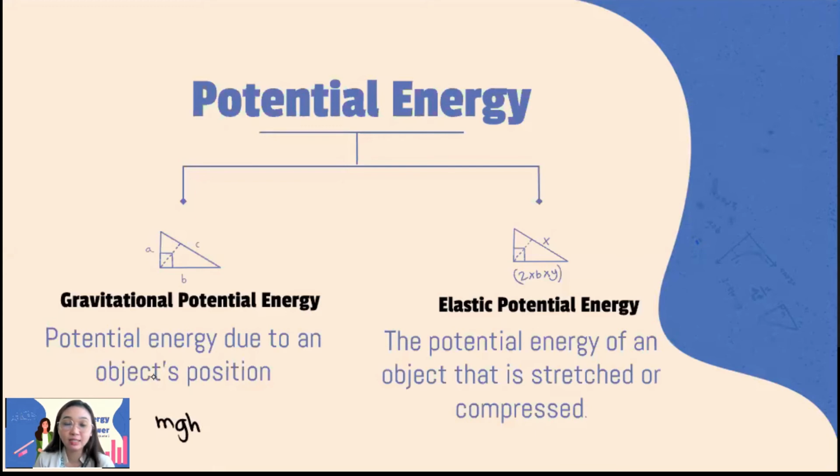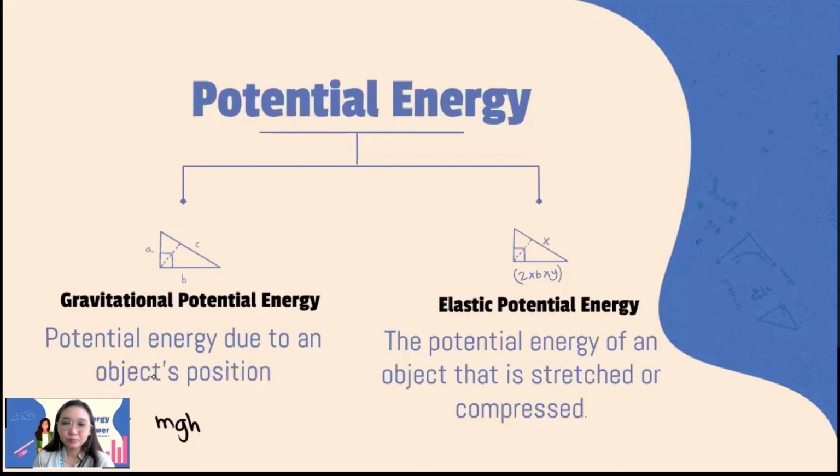And what is it? So it is the potential energy due to the object's position. So kung nasang position po siya sa Earth, okay? So yung position niya, most probably ay at rest.